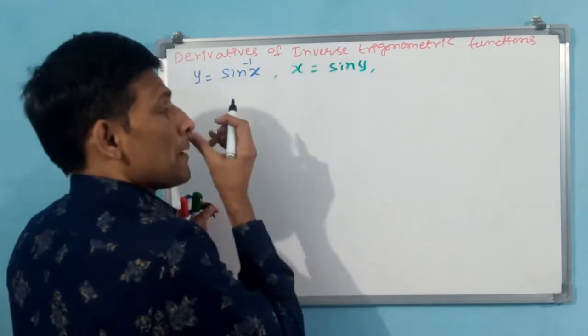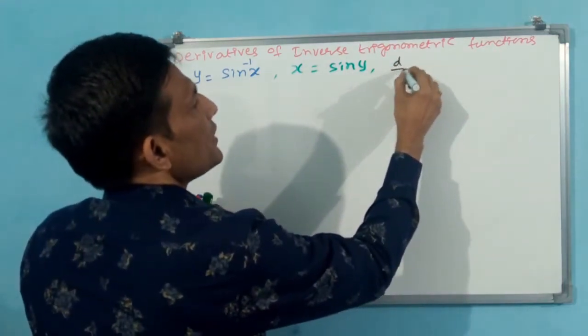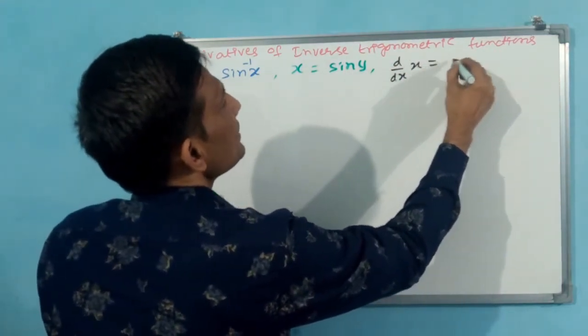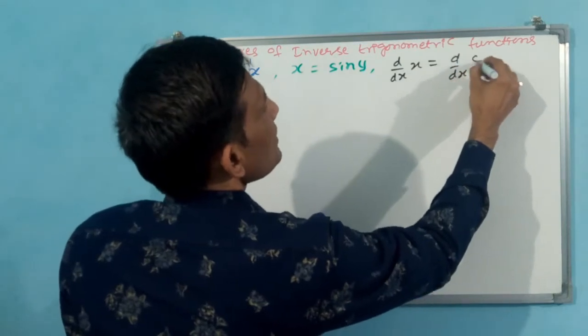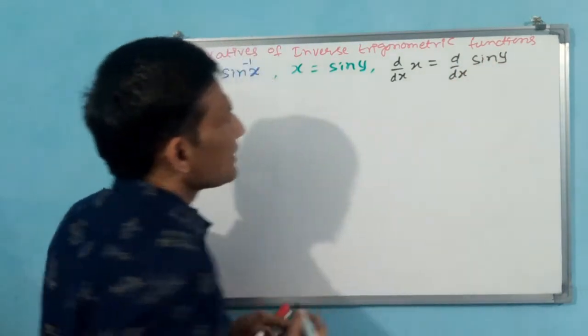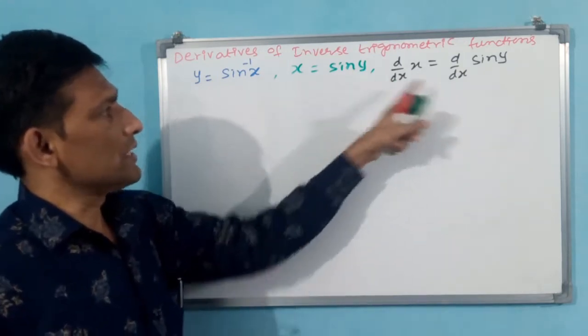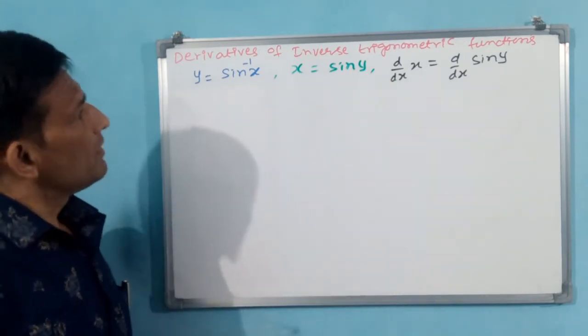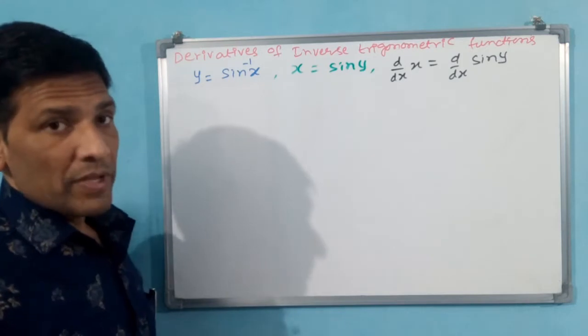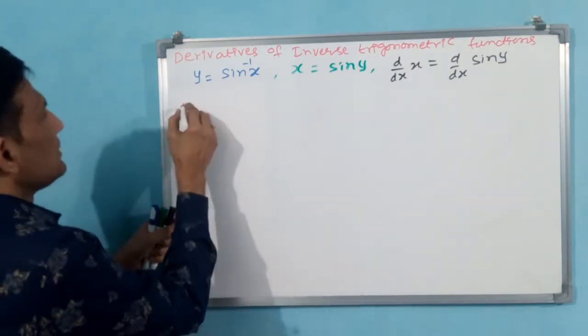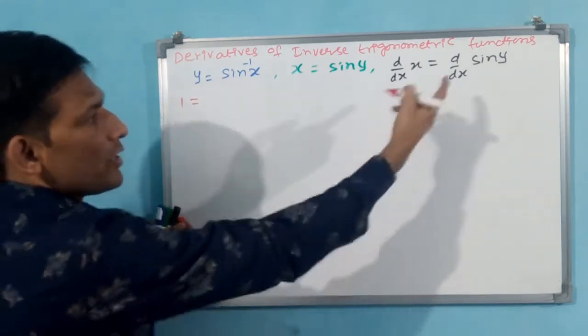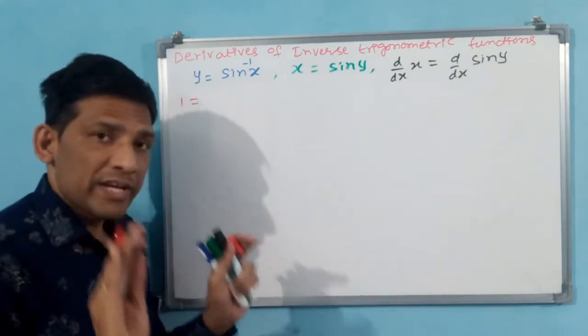You see, d by dx of x is equal to d by dx of sin y. Is it correct? Both sides I am taking the derivative. Now you see, d by dx of x is 1. D by dx of sin y means first you take it as sin x.